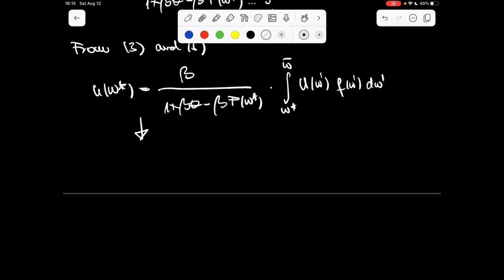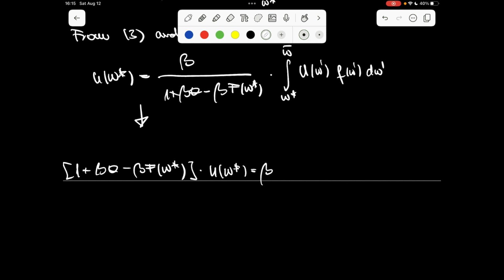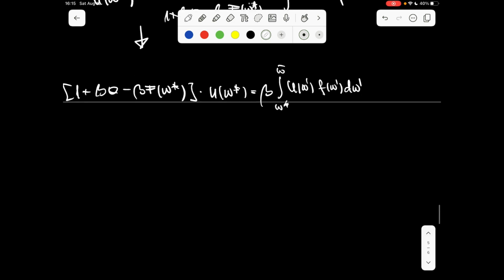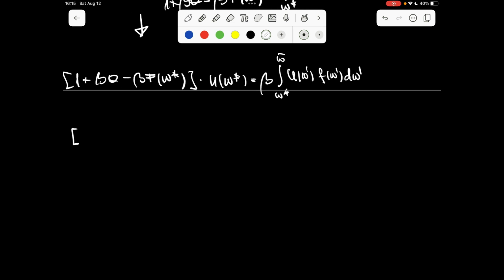From this, it follows we are getting rid of the ratio on the right hand side. From which we can write the following.